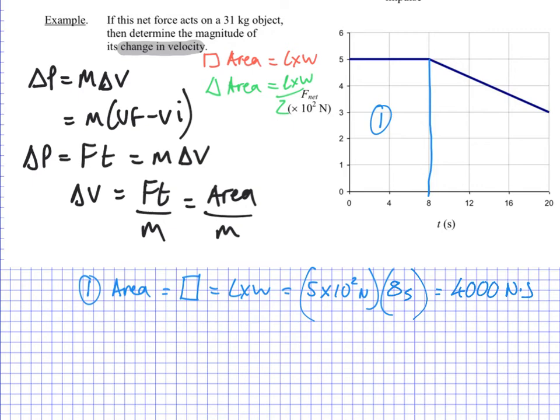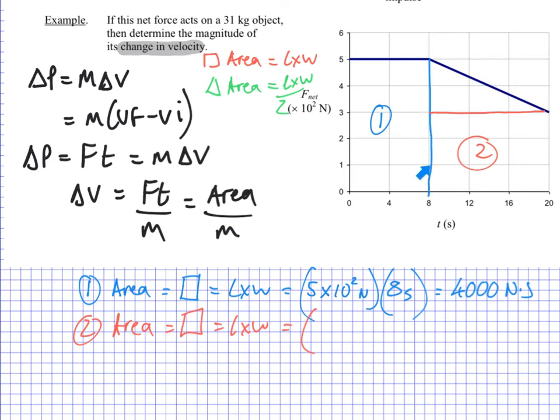Okay, area number 2. Well, if you take a look here, we've got another rectangle right here. This is area number 2. I'm going to get the area underneath. Again, it's a rectangle, length times width. Okay, length times width. So this time, I'm looking at this.